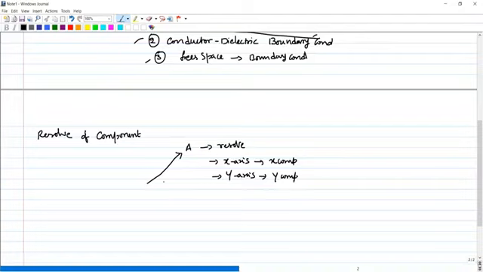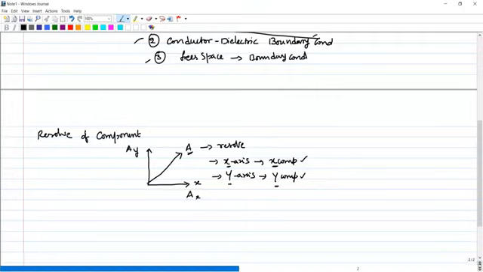So this vector can be resolved into two components, where the x component is parallel with the x-axis and the y component is parallel with the y-axis. So this is Ax and this is Ay.